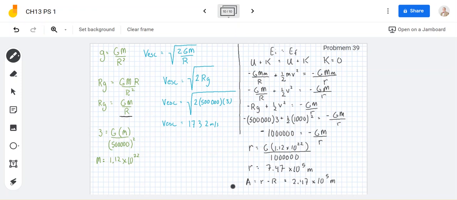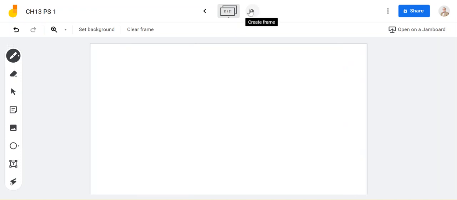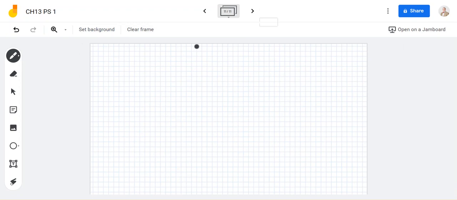The last part of the problem says, with what speed will an object hit the asteroid if it's dropped from 1,000 kilometers above the surface?